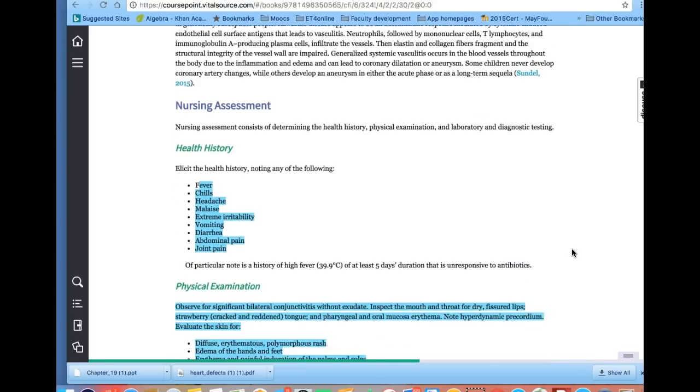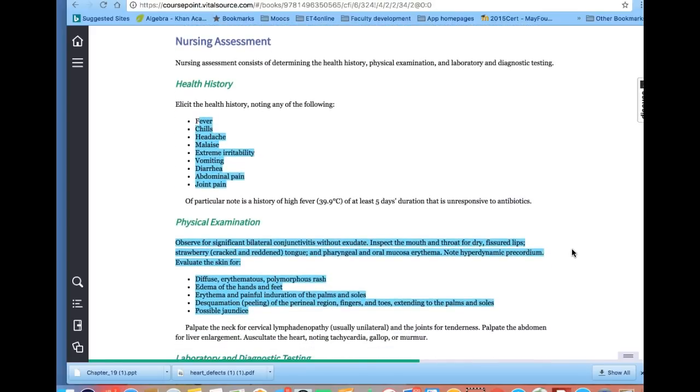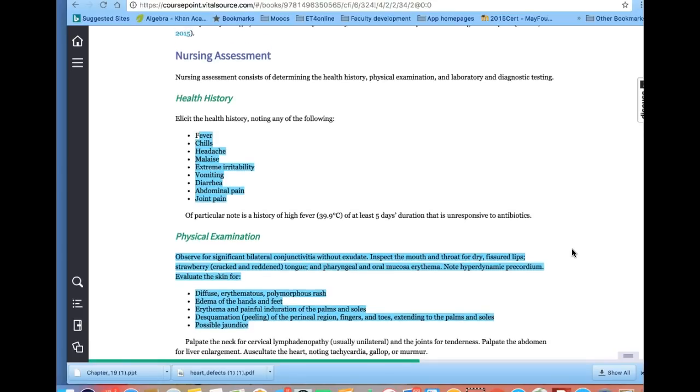On down here, you're going to see what you see with Kawasaki disease. You're going to see fever, extreme irritability. These kids' eyes are bloodshot, their skin's peeling off their fingers and toes. They get a strawberry tongue. It's real cracked. Their lips are all chapped. They're miserable. So, irritable kids with fever.